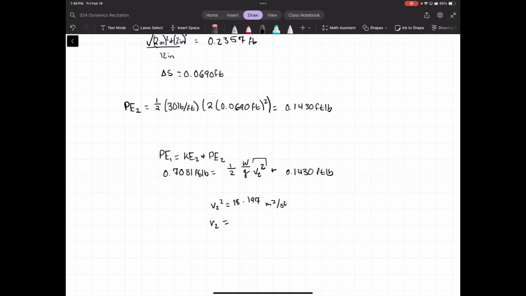V2 is equal to 4.27 feet per second. I wrote the wrong unit before, we're in feet. And that's our final answer.